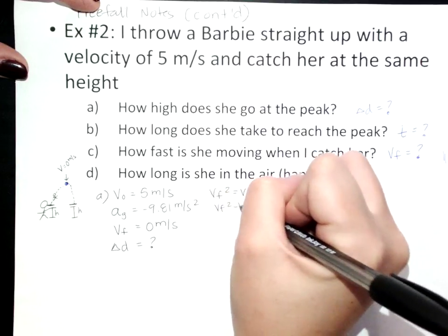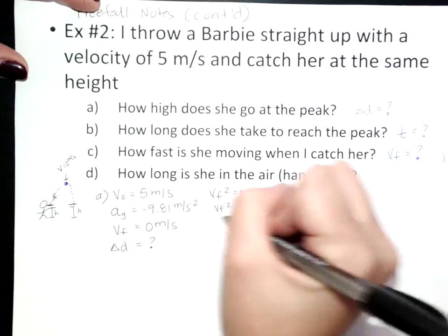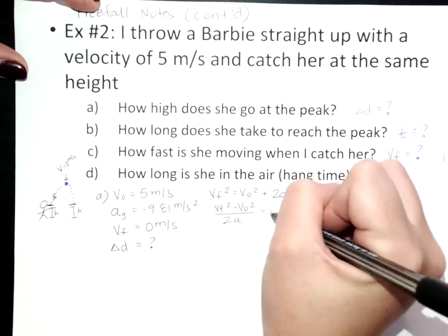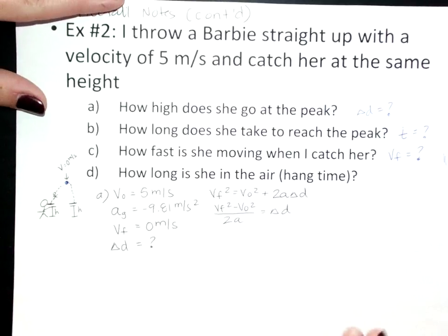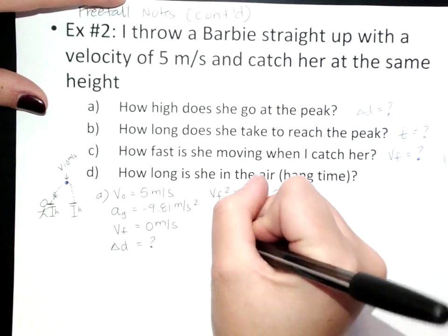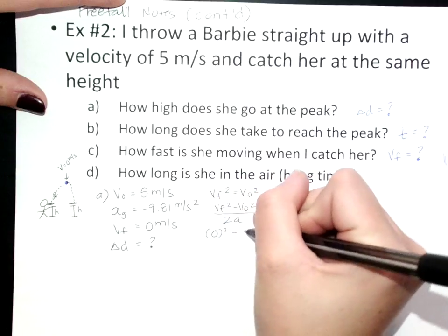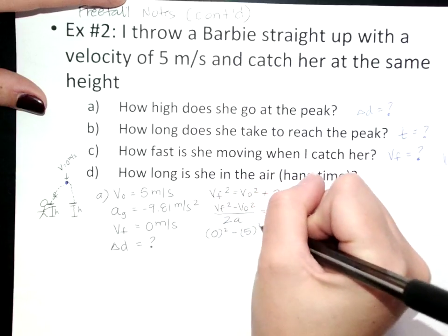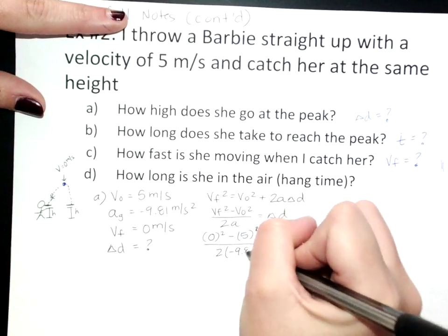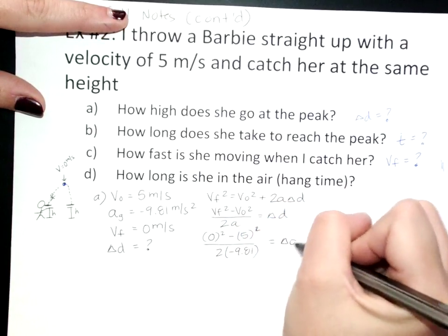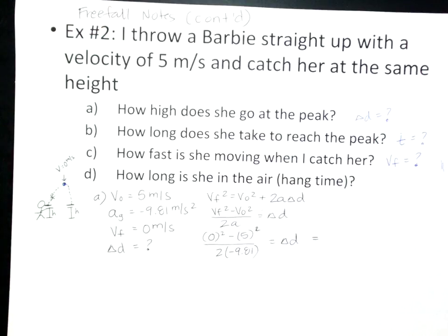VF squared minus VO squared divided by 2A equals delta D. If that confuses you, you can plug in numbers first, whichever one works for you. So we go ahead and plug in numbers. 0 squared minus the initial, 5 squared, divided by 2 times negative 9.81. We get delta D, which equals, go ahead and put that into a calculator.